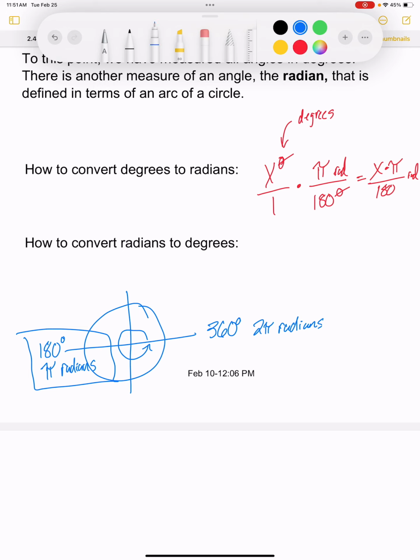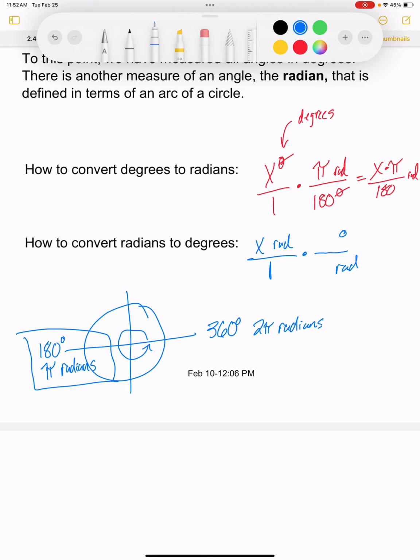All right. What about if I had radians to begin with? So I had X radians. I'd still write it as a fraction over 1, and then I'd multiply it by 1, but 1 comes in many different forms. Well, I want it to make my radians cancel out, and I want to end up with degrees. So what do I know about radians and degrees?